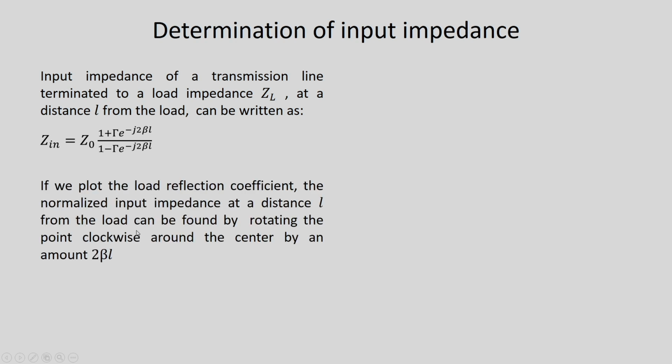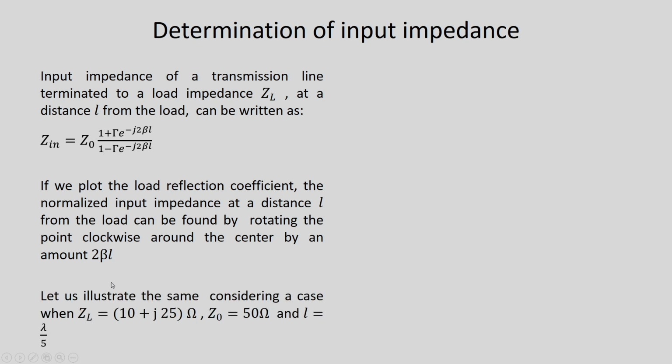Now, if we plot the load reflection coefficient, this gamma, then the normalized input impedance at a distance L from the load can be found by rotating the point clockwise around the center by an amount 2 beta L. Please note beta is 2 pi by lambda, and when L is lambda by 2, we get a phase shift of 2 pi, that means a complete rotation.